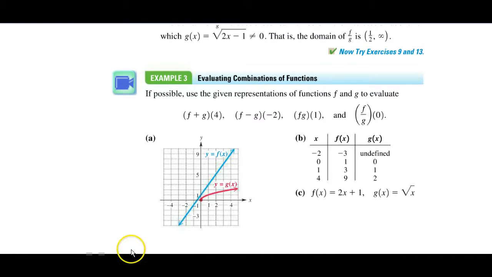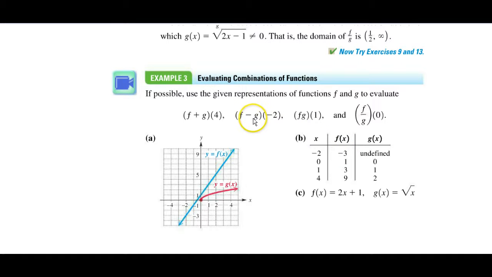Now, for this next one, we're going to do a -2. So where is x = -2? Well, it's -2 right over there. And we go down, and it looks like it's going to be a -3.